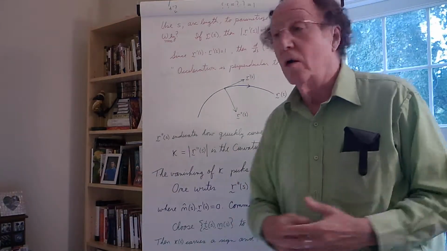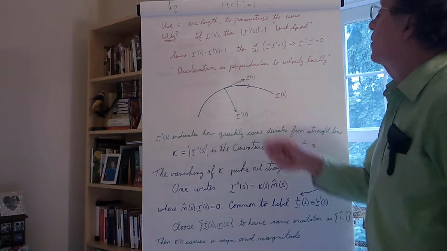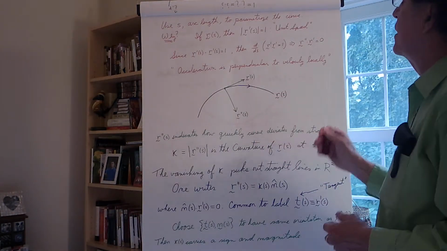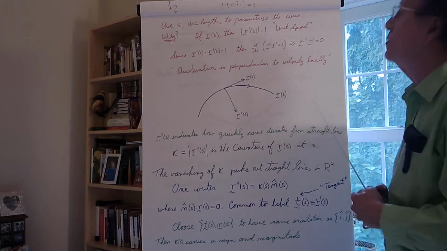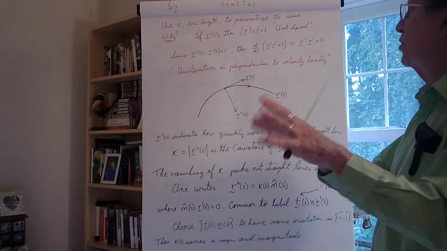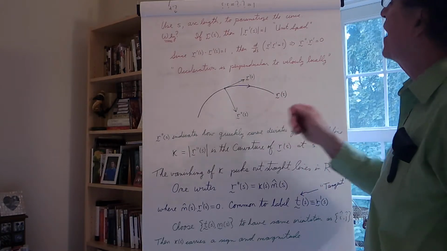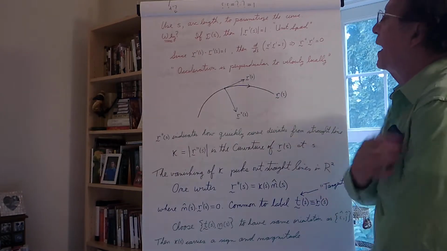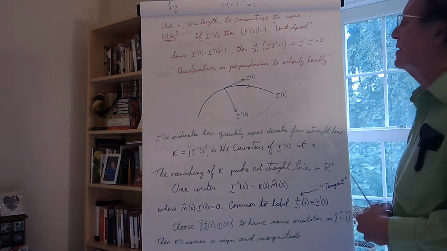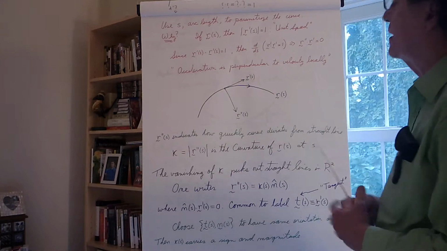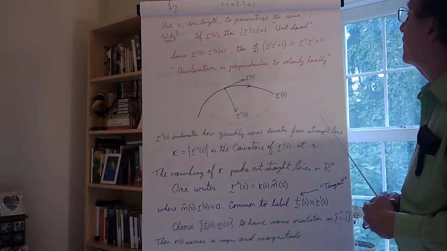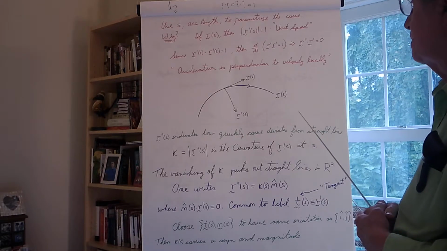So that's an illustration of it, but the fact is that this is generally true as long as I use arc length as my parameter. I don't need to specialize to circles or anything like that. This just follows from the fact that my velocity is 1 if I use arc length as a parameter, and then I get that the second derivative of the vector dotted into the first derivative is equal to 0.